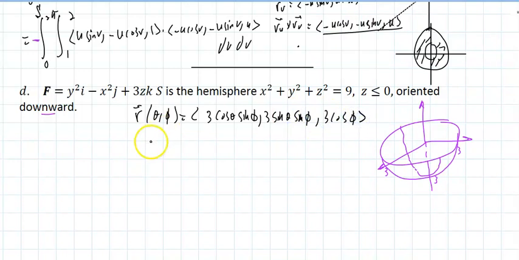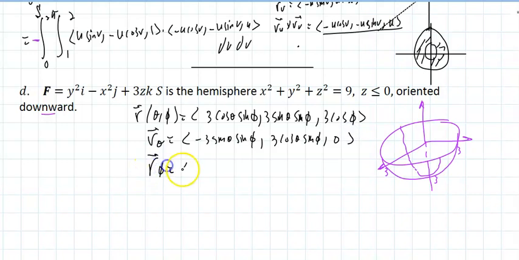Okay, we could take r sub theta. We did that already. We know how long it is, but no problem. That's going to be r sub theta: negative 3 the sine of theta sine of phi, 3 the cosine of theta sine of phi, and a 0. And r sub phi, which is going to be 3 the cosine of theta cosine of phi, 3 the sine of theta cosine of phi, and negative 3 the sine of phi.